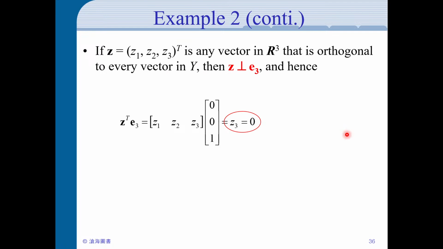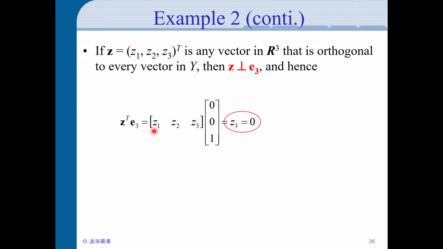And now we want to find all the vectors that are orthogonal to every vector in y. Well, y is just spanned by one vector, (0, 0, 1). So if you want to be orthogonal to y, then you basically want to be orthogonal to this (0, 0, 1).